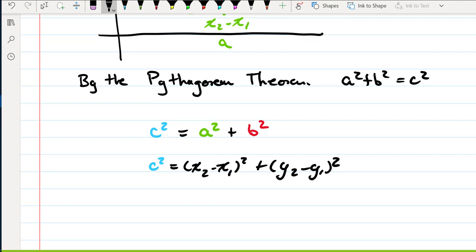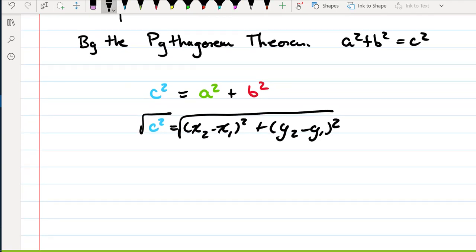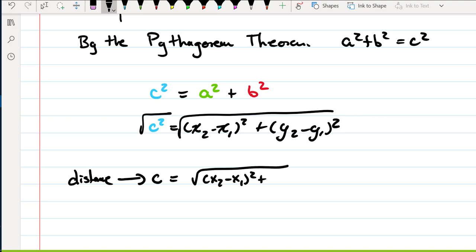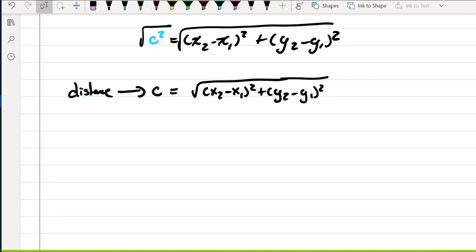So then if we solve by taking the square root of both sides of the equation, we get c, which is the distance, is equal to the square root of (x2 minus x1) squared plus (y2 minus y1) squared. So in the end, this gives us our distance formula.